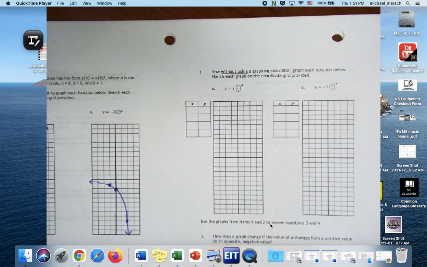So I'm going to click on my third space for another graph. And I'm going to do y equals 2 parentheses. And then here, if you just choose 1 divided by 2, it'll give you the fraction.